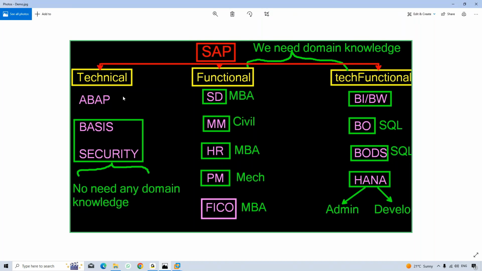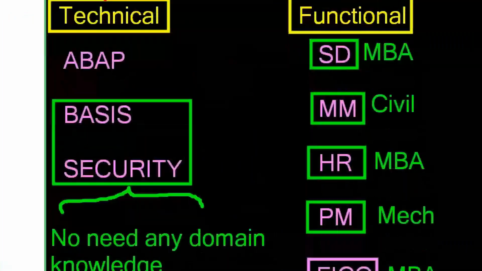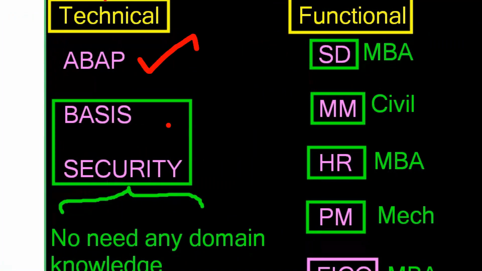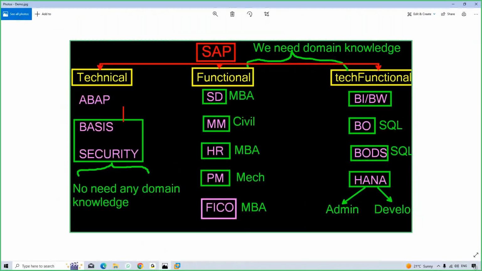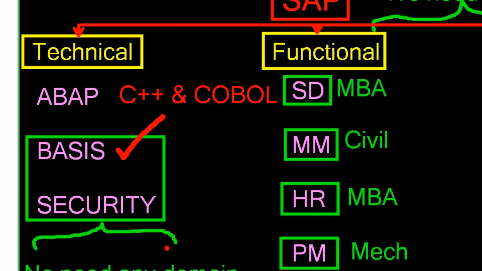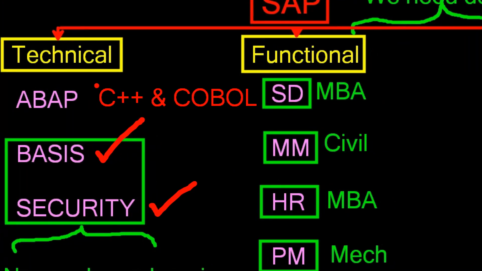And coming to technical modules like ABAP, basis and security, to learn SAP ABAP we should compulsorily have strong knowledge of C++ and COBOL. Your background should be C++ and COBOL, then only are you eligible to learn SAP ABAP.